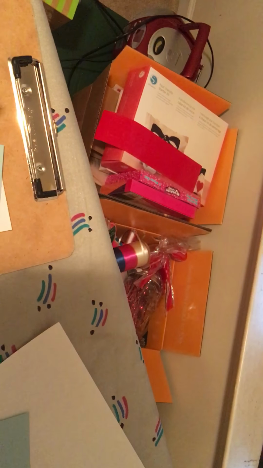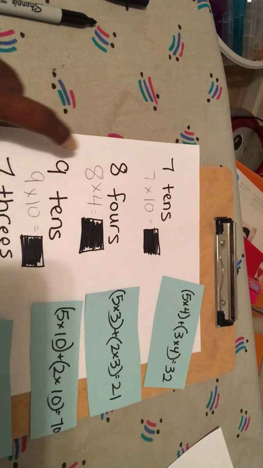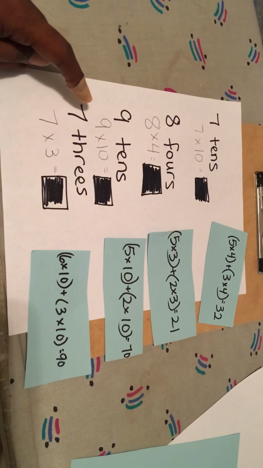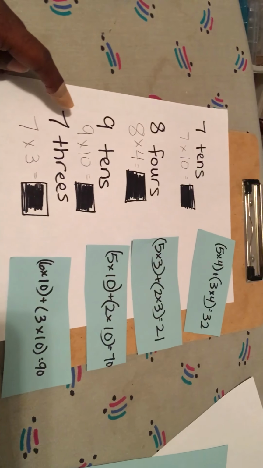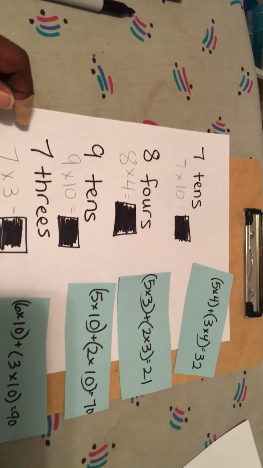So anyway, those of you that have the homework for Eureka Math, at the top you'll see some fruit. On the fruit, you have 7 tens, 8 fours, 9 tens, and 7 threes. At the bottom, you have some baskets, and you're supposed to match the fruit with the correct basket. I thought about 7 tens.